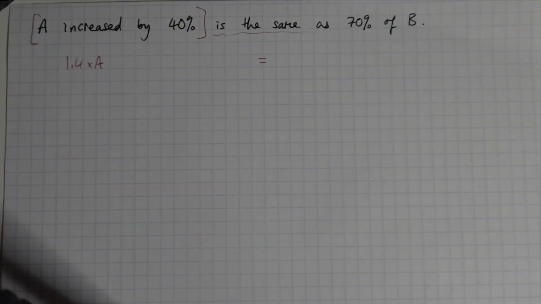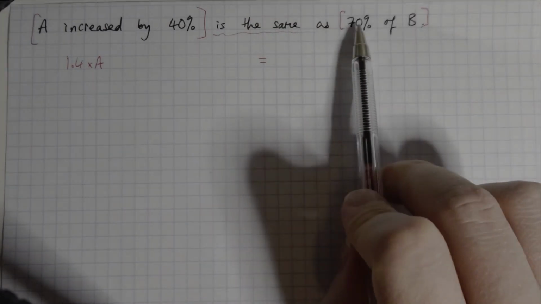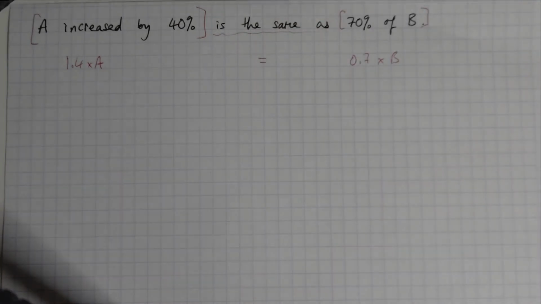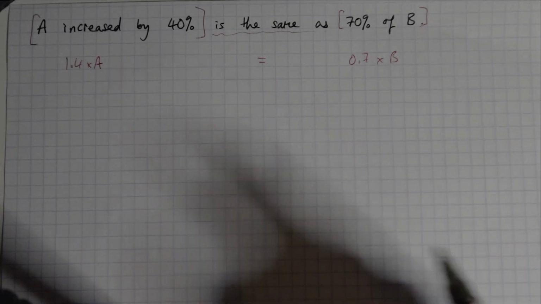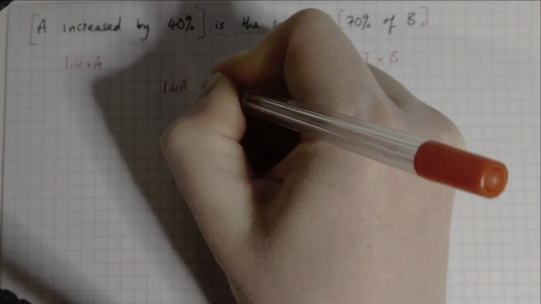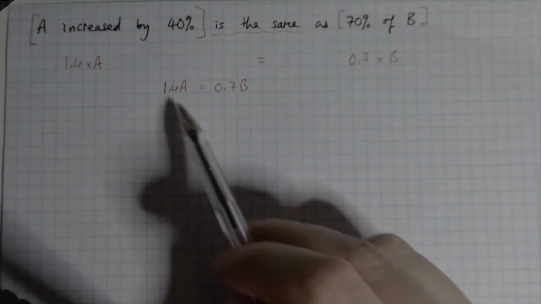That just means equals. And 70% of B, well, I'm going to use my multiplier. I'm going to call that 0.7. Okay, that's allowed me to write this equation. I'll just squidge it up and dump the times sign. So we've established that 1.4a is the same as 0.7b.